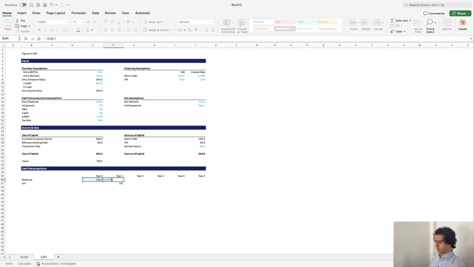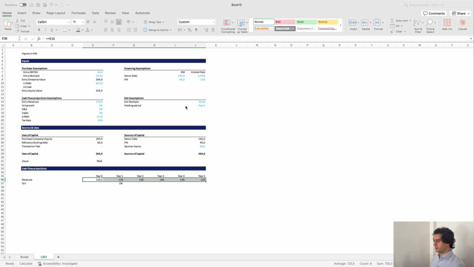So we can calculate the following revenues using this formula: we calculate the revenue at year 1 as revenue of year 0 times 1 plus the year-over-year growth rate. Let's format these numbers.